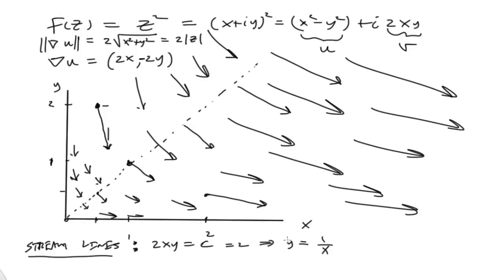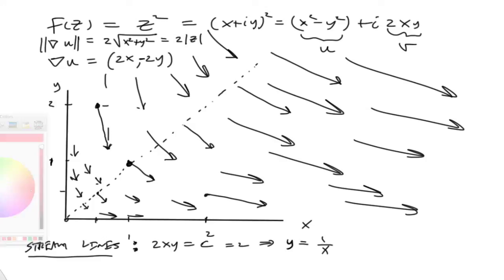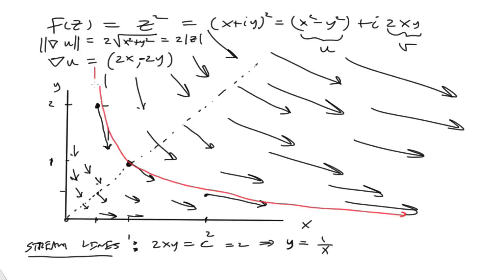All right, so there is a streamline to our function. It should be going through this point, and it'll kind of go down. So maybe I'll get a slightly different color here. So the streamline will be a 1 over x type behavior, okay?